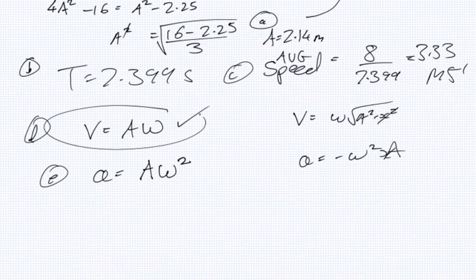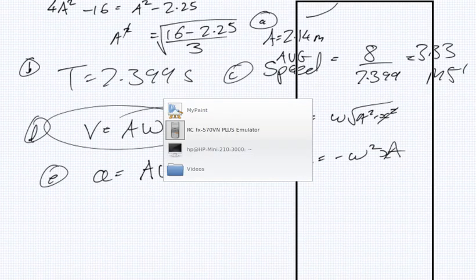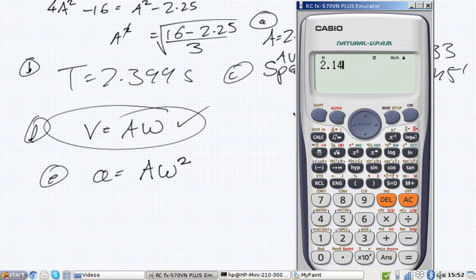Okay, so then the maximum velocity is A multiplied by omega, so the amplitude multiplied by the omega, which I did not write down, so I'll have to put it in as 2 pi over T. That's 5.6.